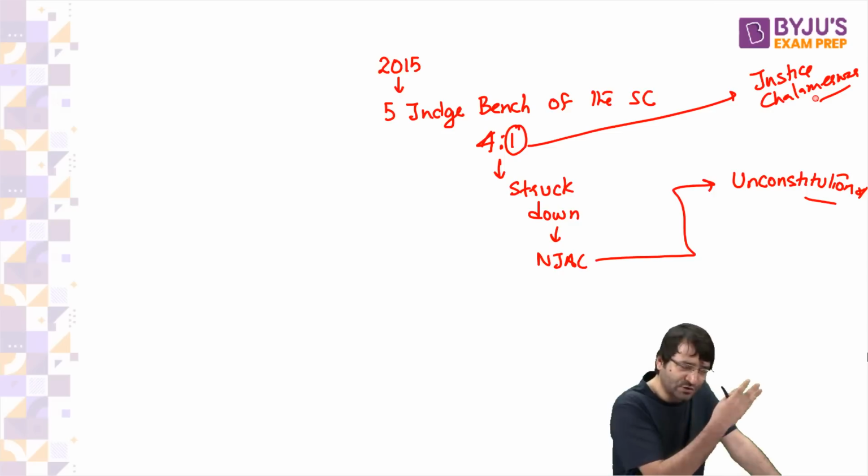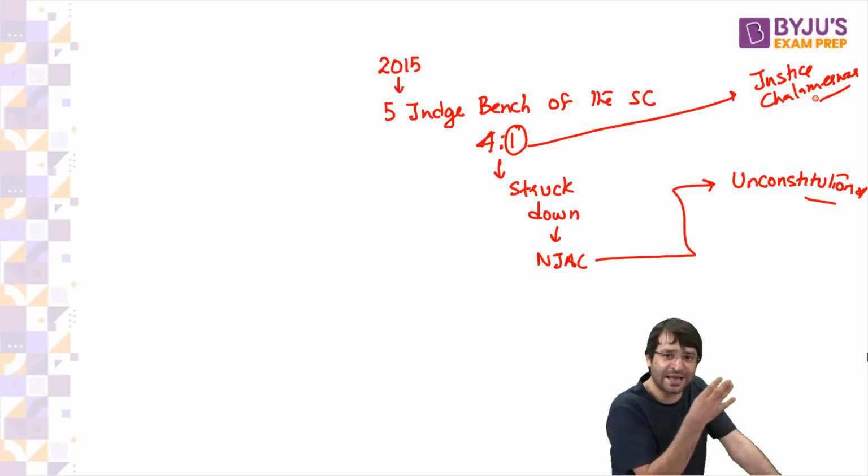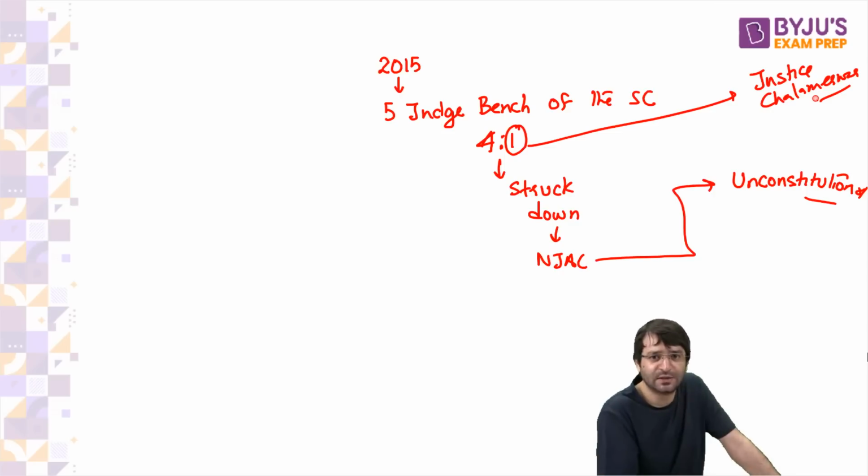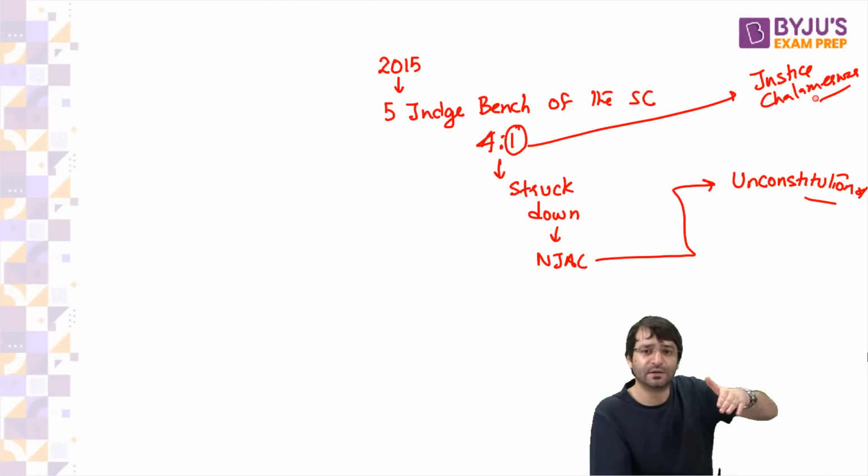This entire process is opaque, lacks transparency. This is not a good process to follow. I don't agree that NJAC is unconstitutional. Perhaps NJAC is constitutional. This is much better body than Collegium to appoint judges. But 4 other judges by the majority said NJAC is unconstitutional. NJAC was declared unconstitutional. That means Collegium System continued.